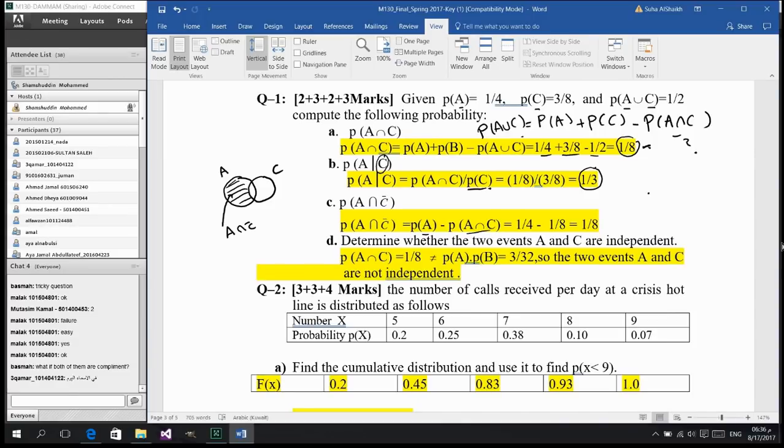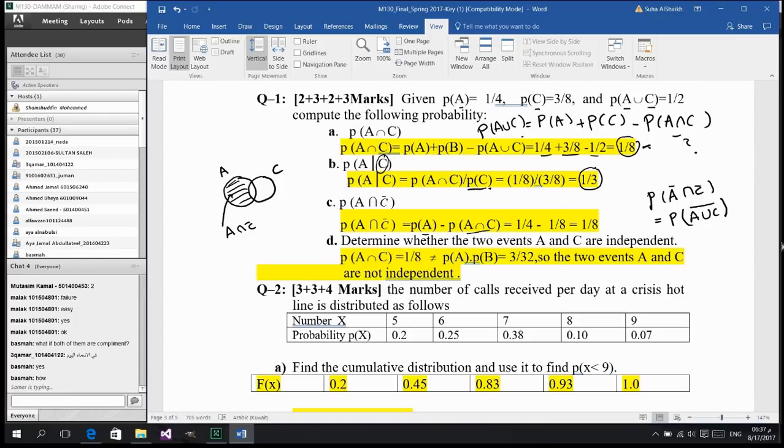If both of them are complements, like when you have the probability of A complement intersect C complement, again it's easy. It is the complement of A union C. I drag the complement outside, and by the De Morgan law the intersection changes to union.